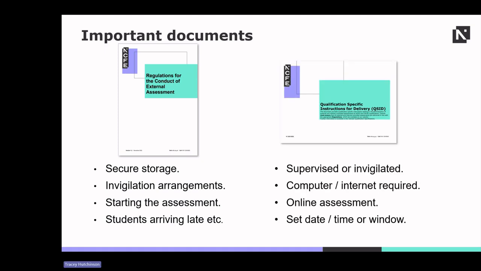We also have the qualification-specific instructions for delivery, or QSID, which breaks down requirements for each assessment and each qualification, such as whether or not it's supervised and invigilated, whether they can have access to a computer or the internet, if an online assessment version is available, and whether or not the assessment is on a set date or time or within a window.